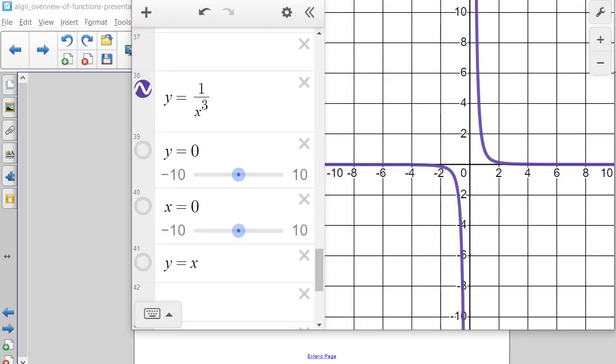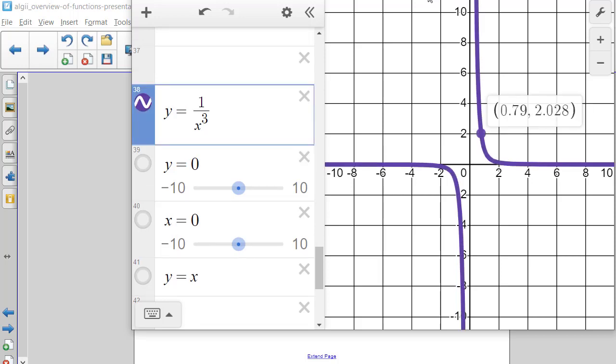Is it, though, rotationally symmetrical about the origin? Meaning if I take any of these points and get its value, so let's do 0.8, we have 1.953.